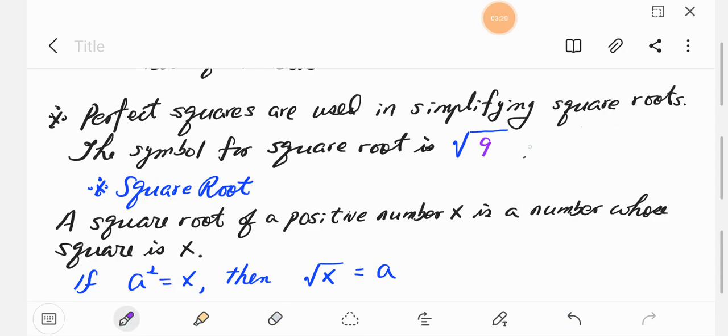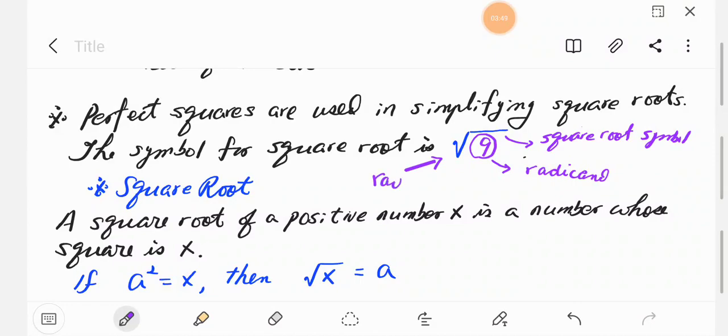This is the square root symbol of positive numbers. 9 is a positive number, and this is called the radicand. And this whole thing is called a radical expression.